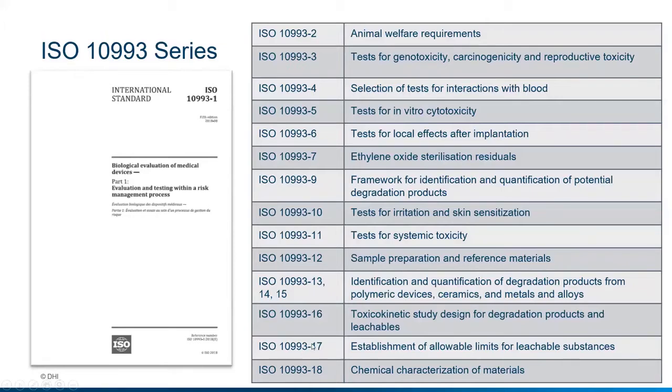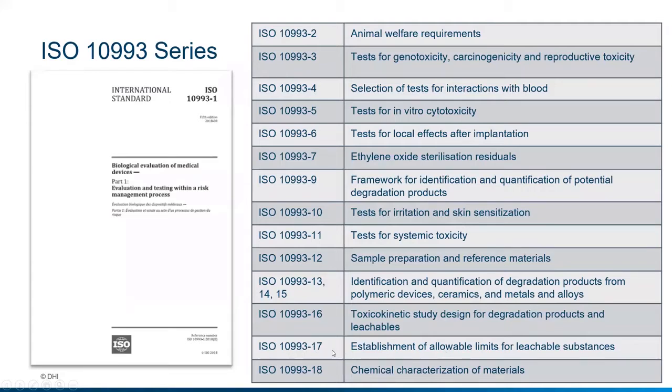And the latter two here, Part 17 and 18, are under active update. A new version of ISO 10993 Part 18 has been approved as a final draft ISO standard, so it's approved now and is subject to publication, expected to be published either at the end of this year or at the beginning of 2020.